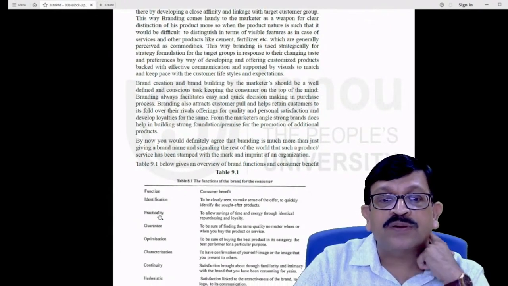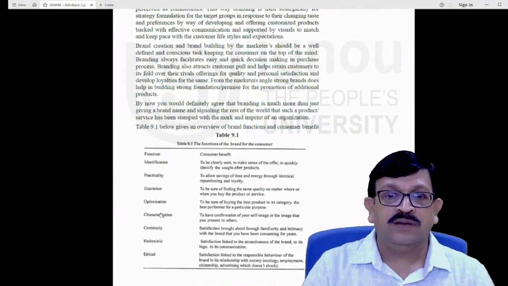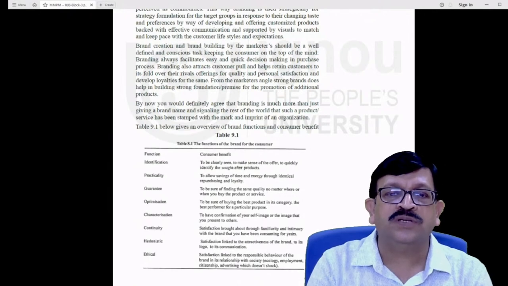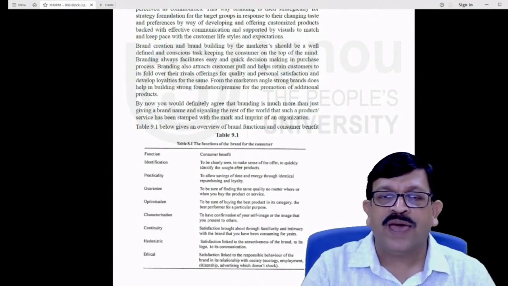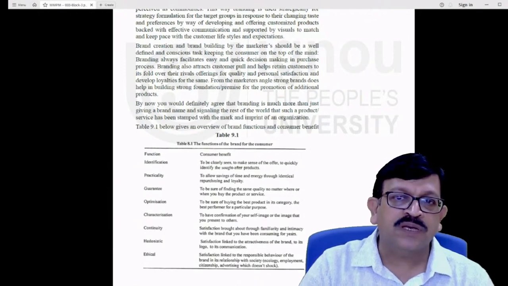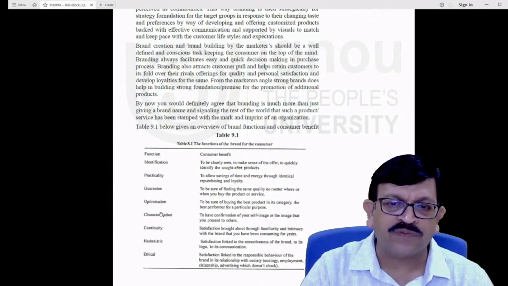So when we talk about the functions of a brand today, let's say Bata as a brand, it connotes certain things. When we talk about Apple, or iPhone, or Samsung, we have the range of smartphones S20, S40, S70, whatever it is.